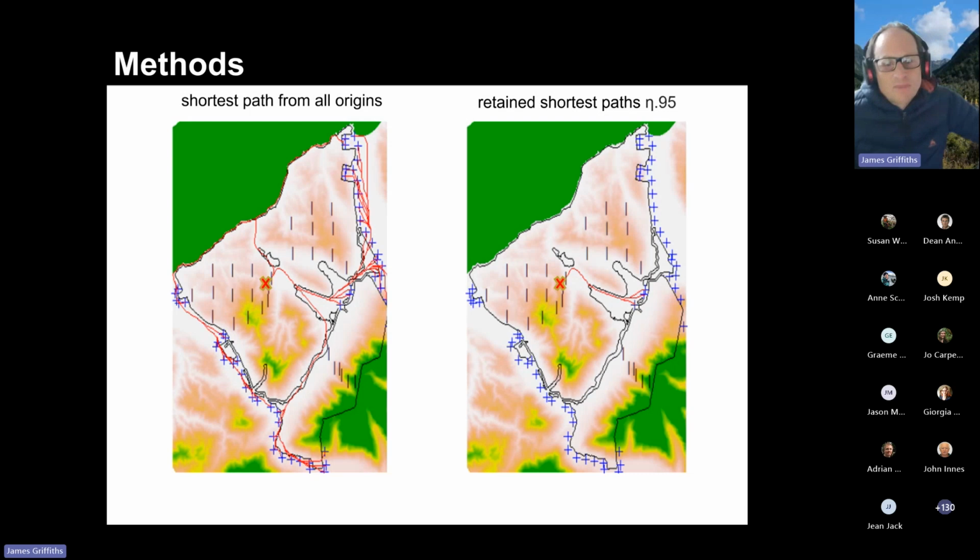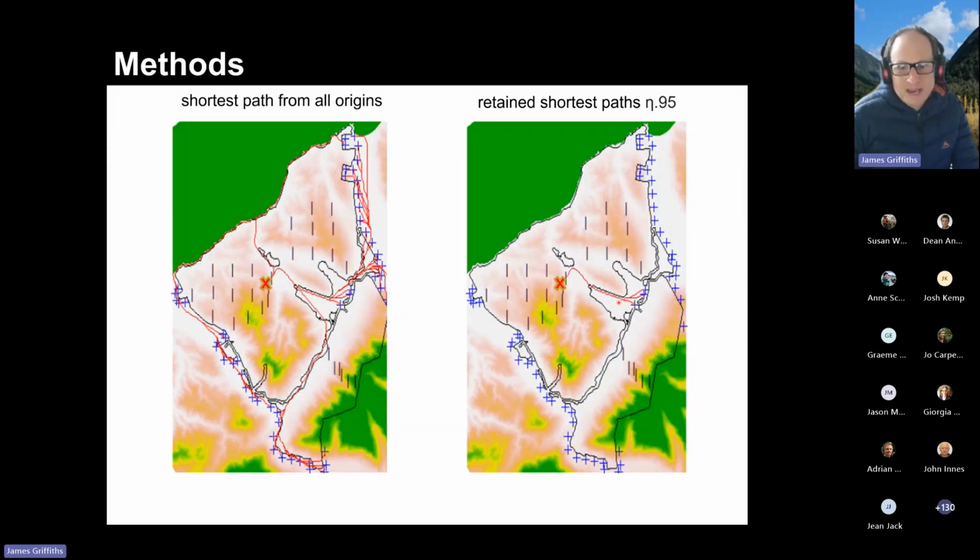We then derived shortest paths from each potential immigration point to each tracking tunnel line. I've marked one with an X on the plot here as an exemplar, and then we reduced the shortest paths to only those within the 95th percentile.